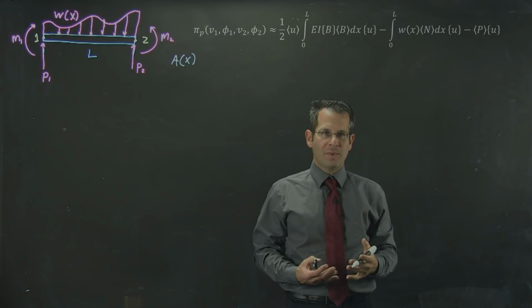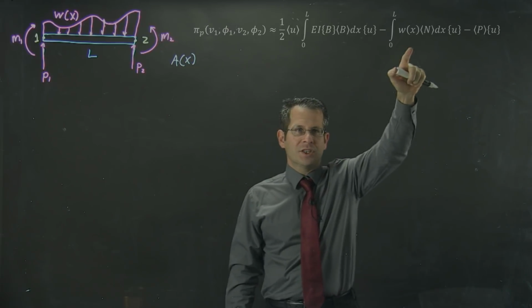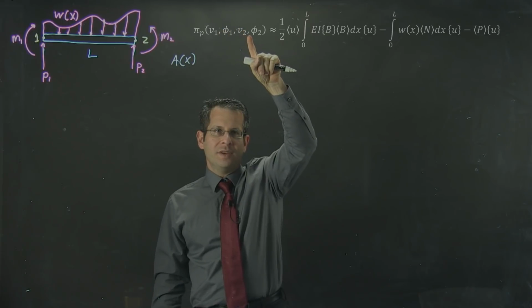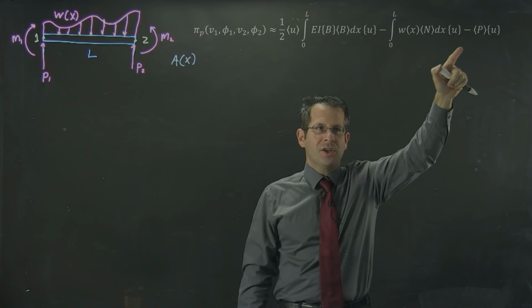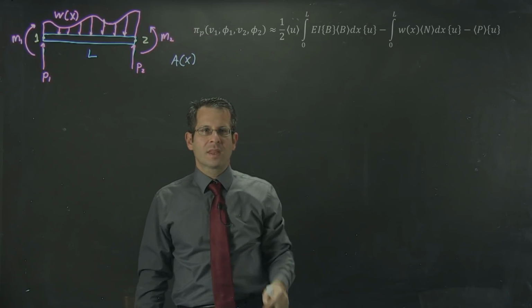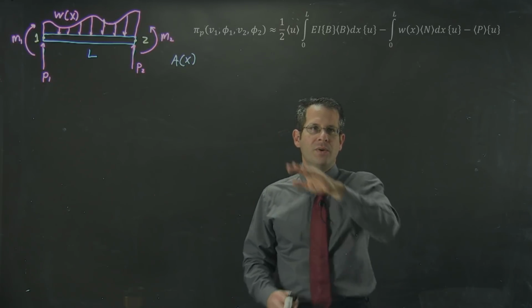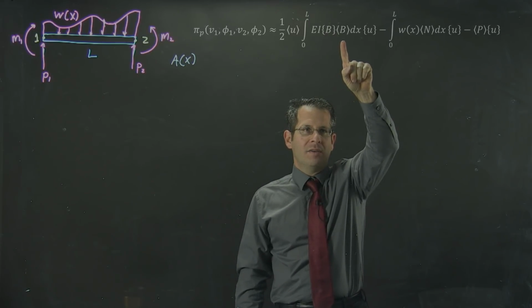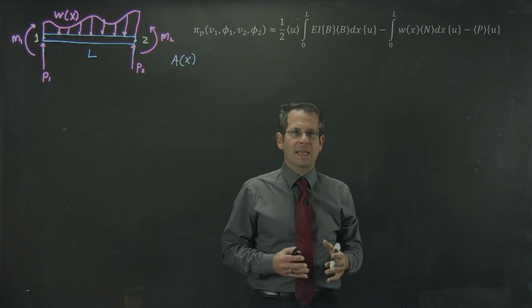Our next step in the process is to find the minimum of this function. We want to find the v1, phi1, v2, and phi2 which result in the minimum value of this function. I want to stress here that even though this function appears to have a lot of column and row vectors in it, it is itself a scalar function.